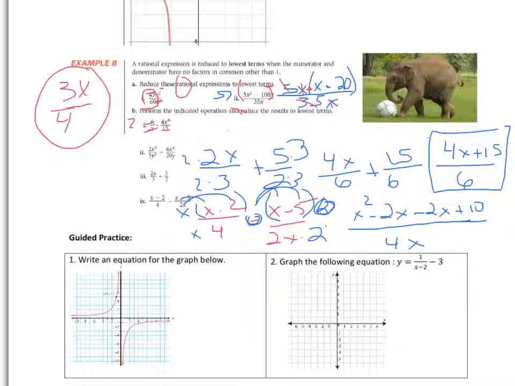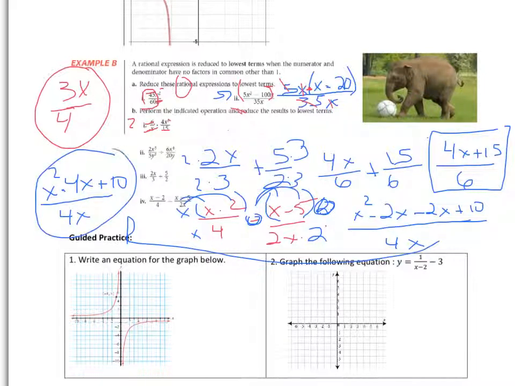So I have x squared minus 2x plus 10. So that would end up with, I'm going to write it over here, x squared minus 4x plus 10, all over 4x. And I can't cancel anything out because these are actually subtracted and added together. So that is IV.